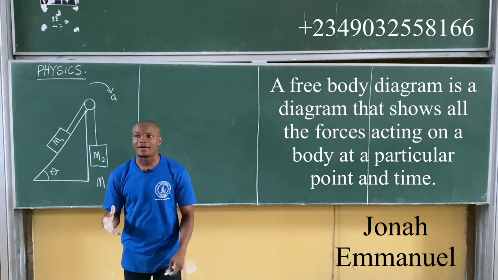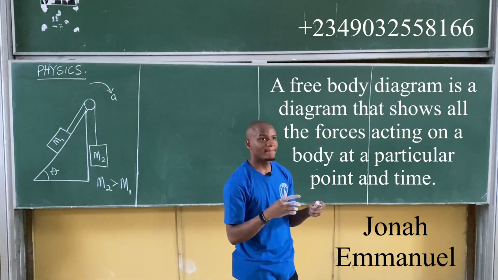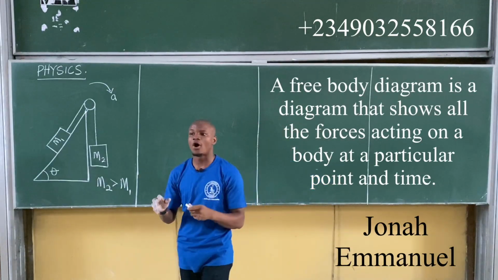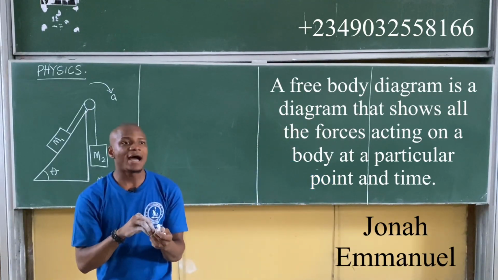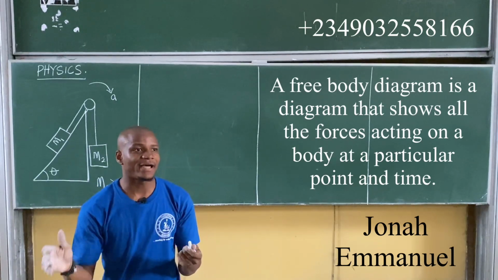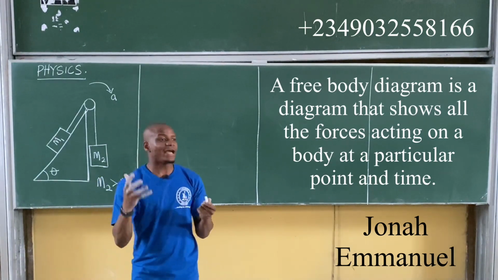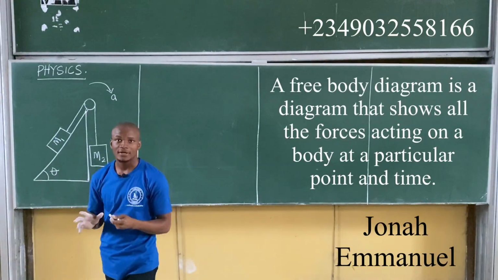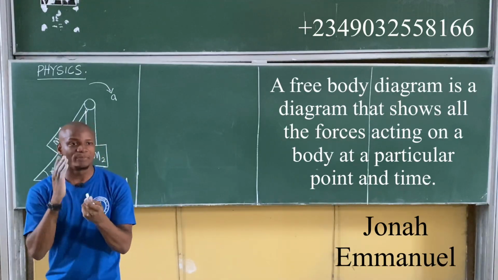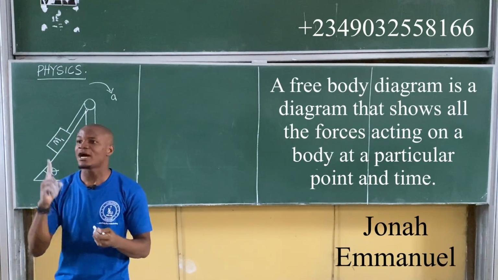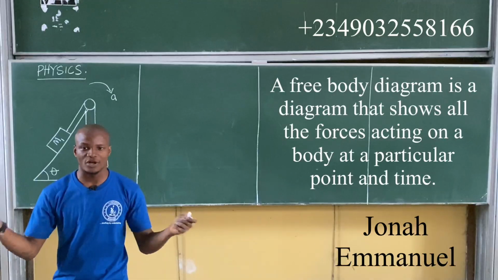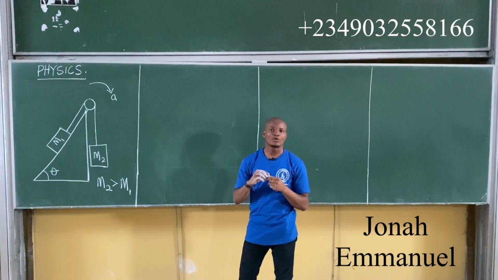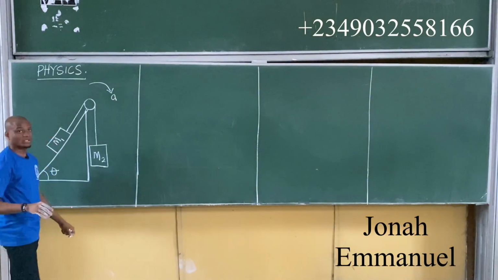A free body diagram is a diagram that shows all the forces acting on a body at a particular point and time. Full stop, that's all. Having said so, look at what's next.